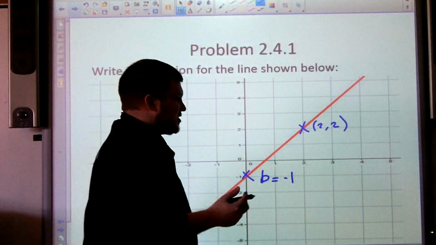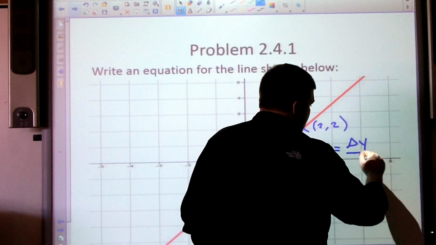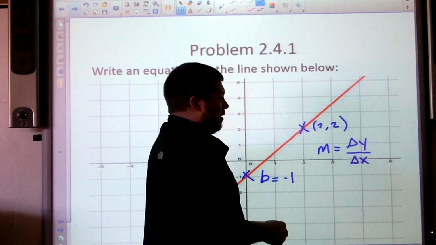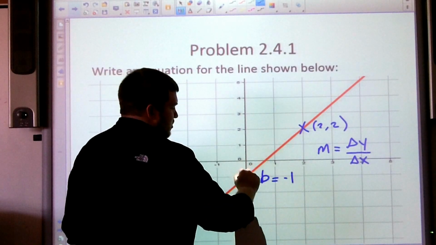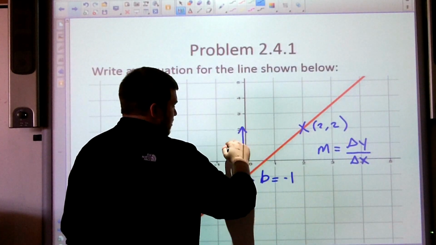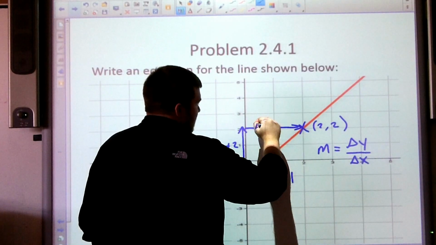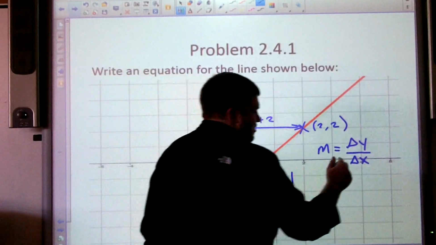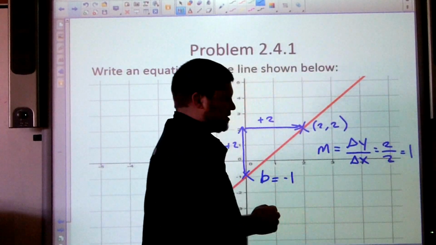My slope is just the change in y over the change in x. To get from this point to this point, I go up 2 units, so that's +2, and I go to the right 2 units, so that's +2. So my slope is 2 over 2, which is 1. So the slope for this line is 1.